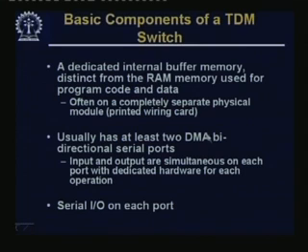If you have studied operating systems, DMA is direct memory access, which is used for fast communication without the intervention of the CPU. Of course, we want this as fast as possible. Input and output are simultaneous on each port with dedicated hardware for each operation. So, our memories are very special, that means they have multiple port memories and serial IO on each port.